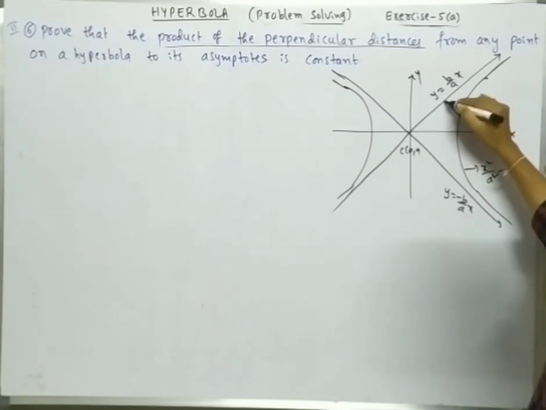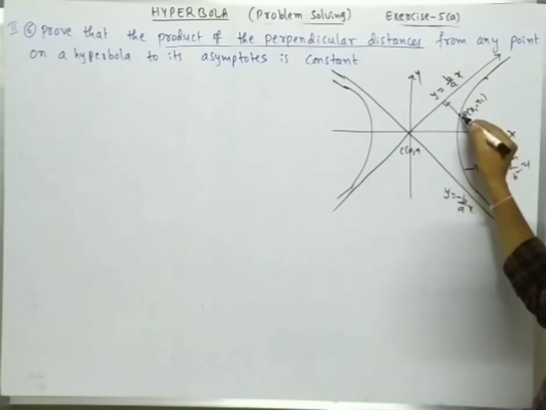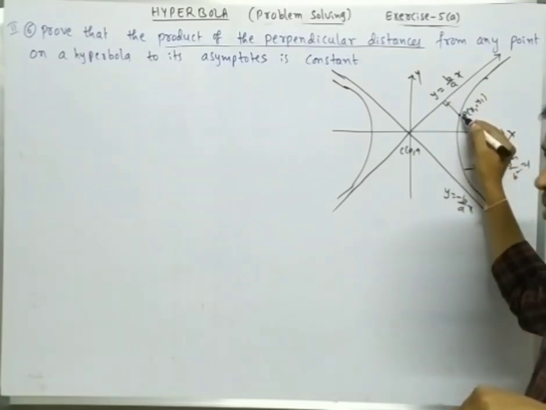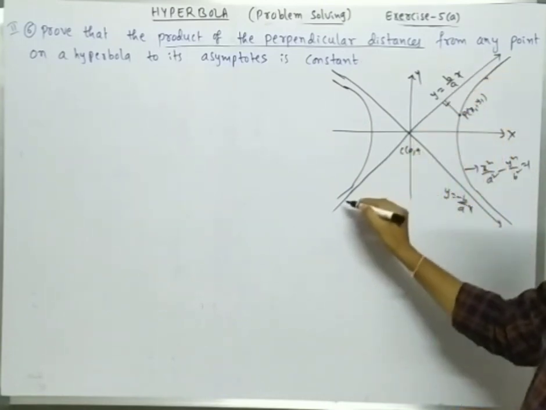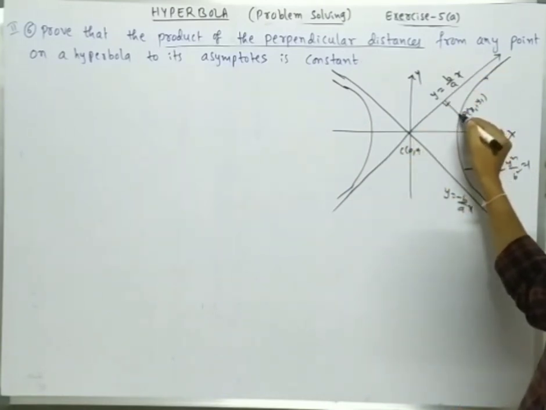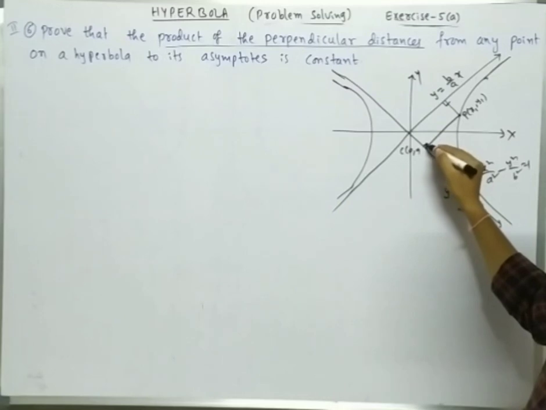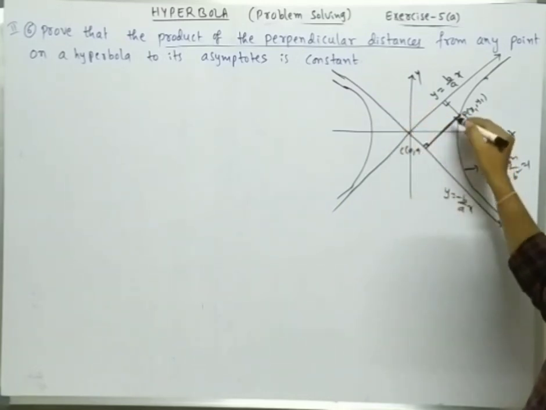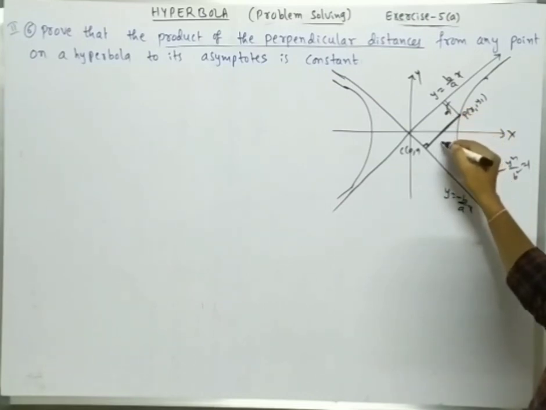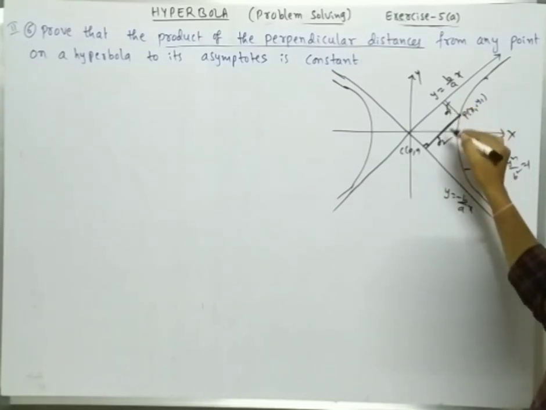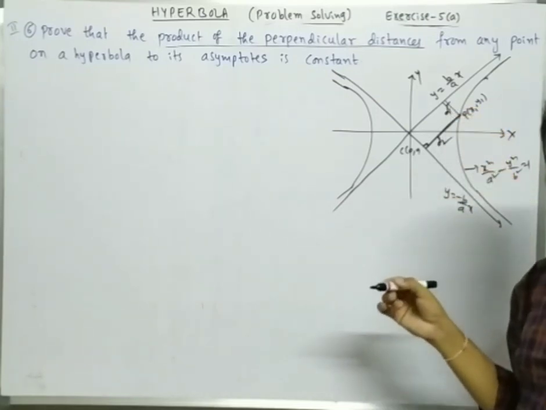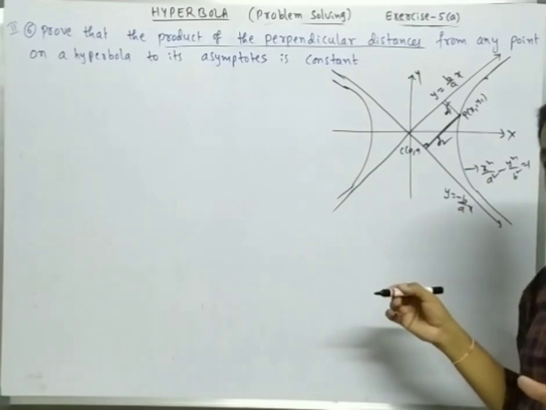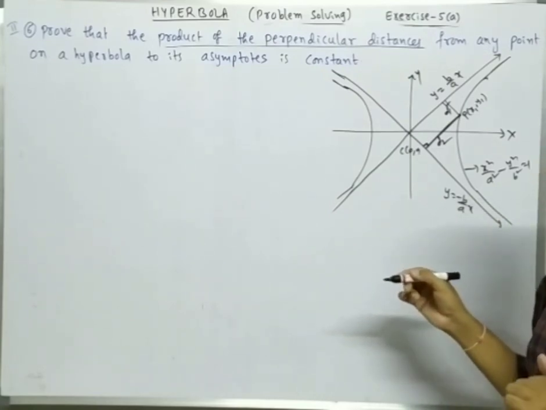This is the perpendicular distance from the point on the hyperbola to one of the asymptotes, and this is the perpendicular distance to the other asymptote. This is d1 distance, this is d2 distance. The product of these two, d1 into d2, is a constant, that we have to show here.